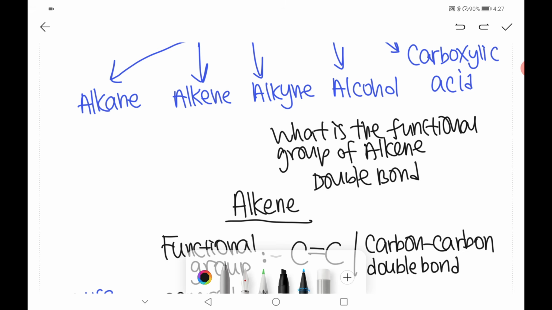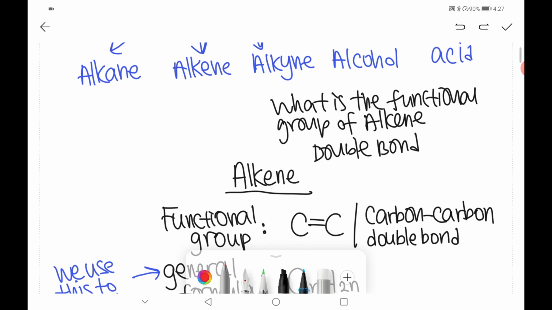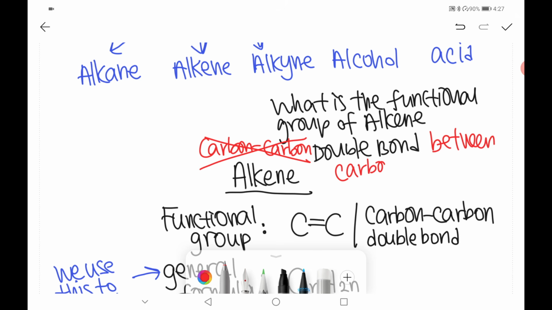You need to mention it is carbon-carbon double bond. You can put carbon in front, or you can mention it's a double bond between carbon atoms. So now at least we know this is a carbon atom, this is a carbon atom, and there is a double bond here.